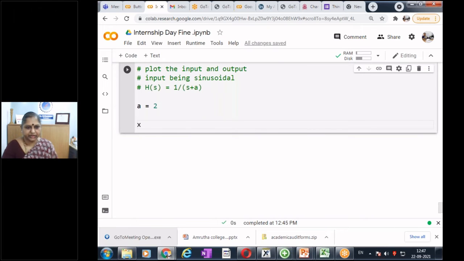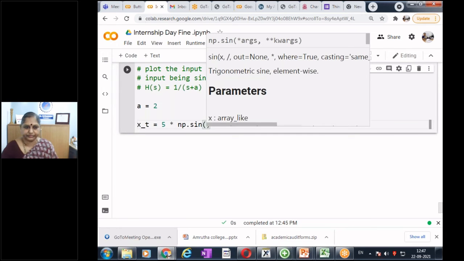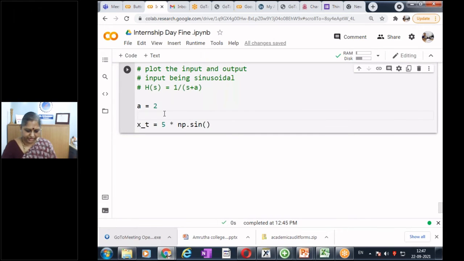Let me not call the input x of t a keyword, since it causes a problem. Input x of t is 5 times np dot sine of omega naught.